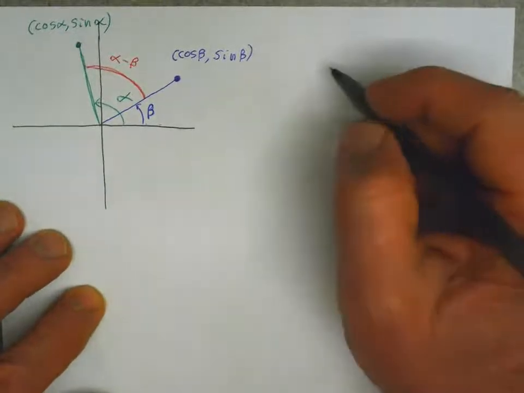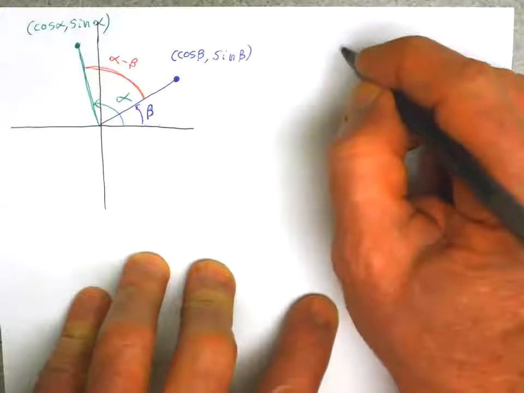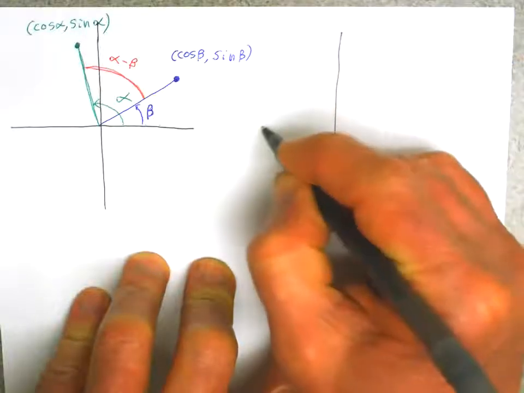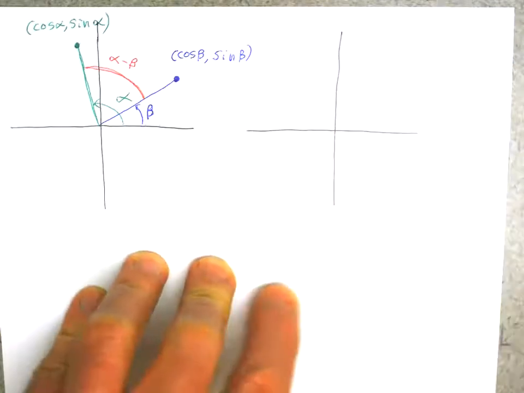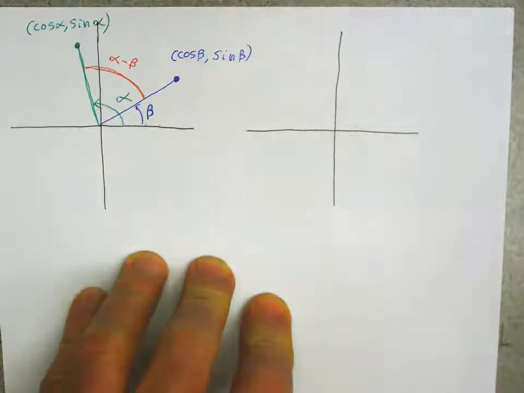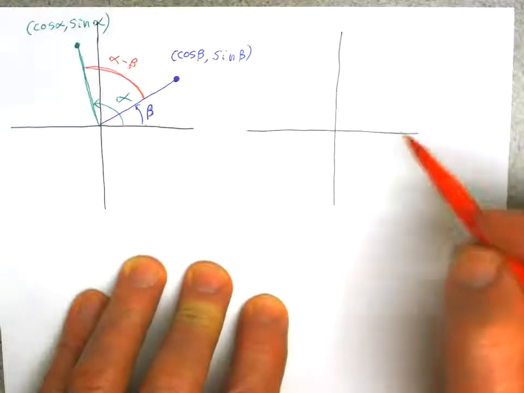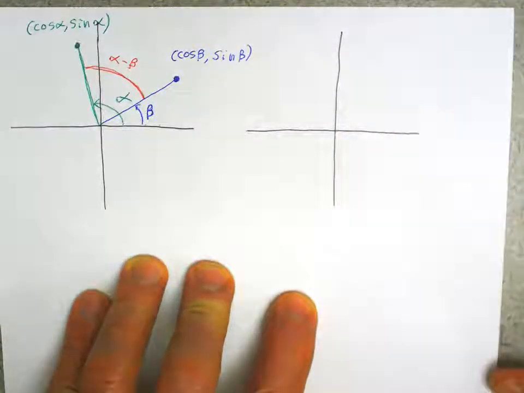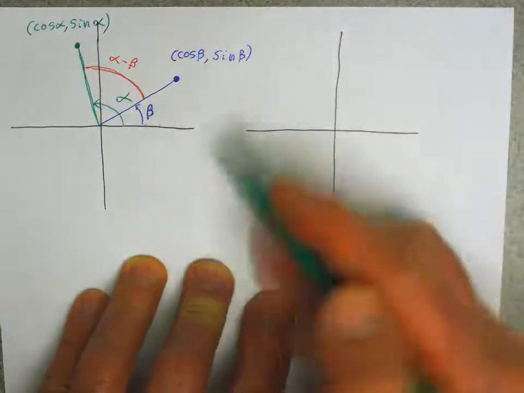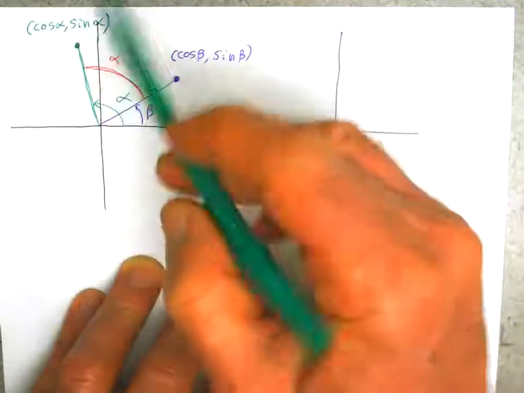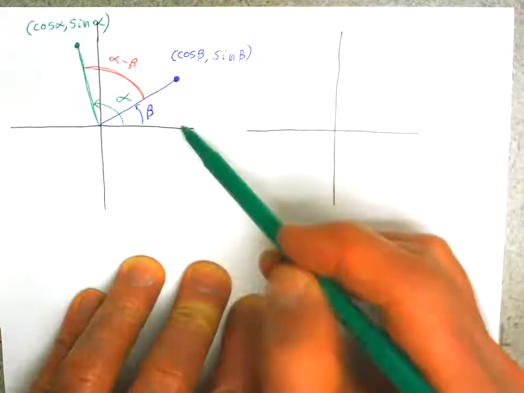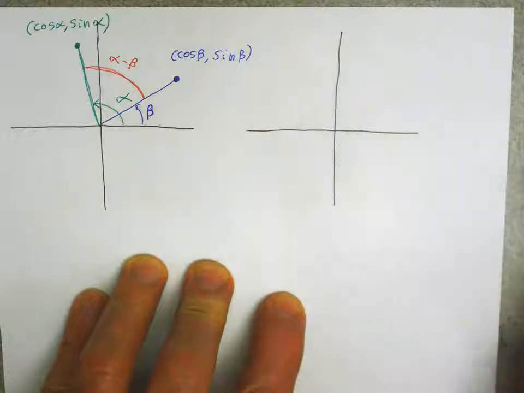Okay, so over here I'm going to draw another set of axes. And I'll put the alpha minus beta angle in standard position. So it would be like rotating this to the right until this side is on the x-axis.